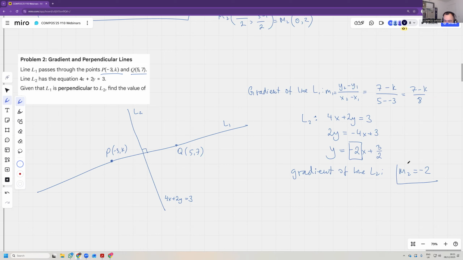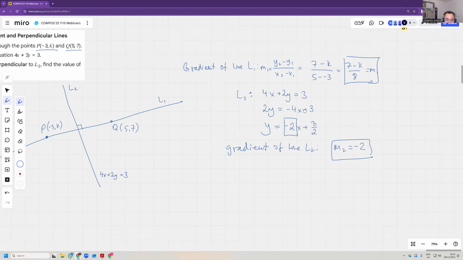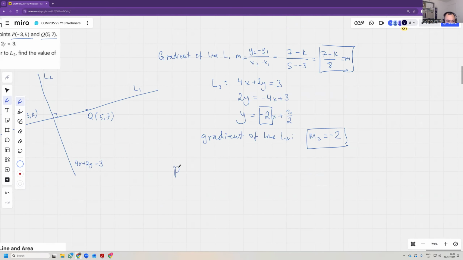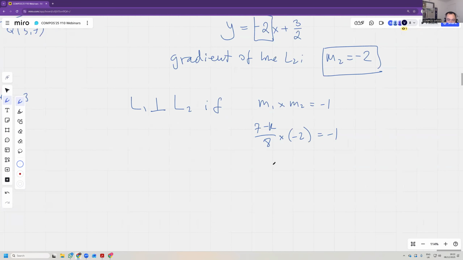So we have m2 and we have the gradient m1. And now we know the lines are perpendicular. L1 is perpendicular to line L2 if m1 multiplied by m2 is -1. So (7 minus k) divided by 8 multiplied by -2 is -1. So we can simplify.